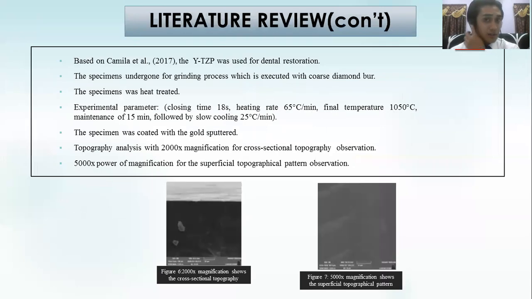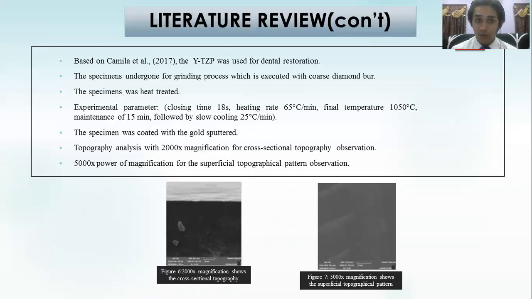So for the next literature review, based on Camilla and the others, the YTZP was used for dental restorations, and the specimen was polished, sintered, and inspected with digital caliper for the surface roughness. And after that, the specimen underwent the grinding process.